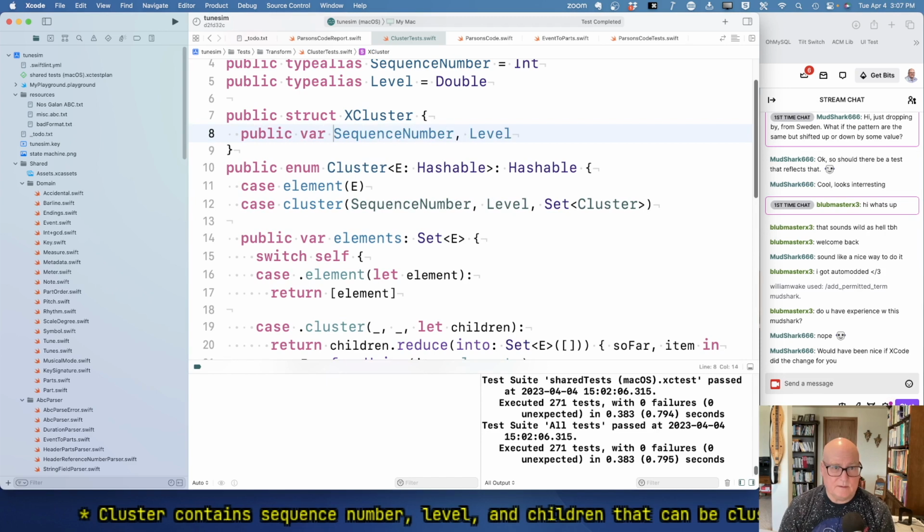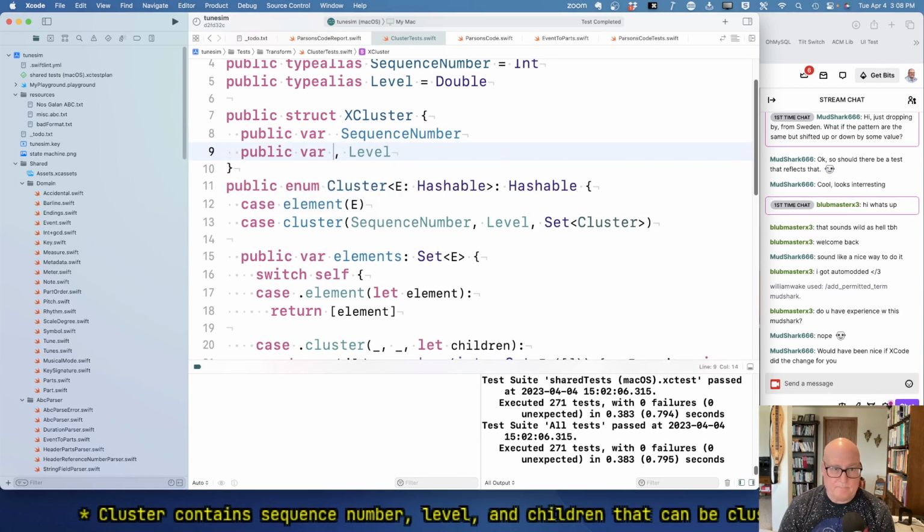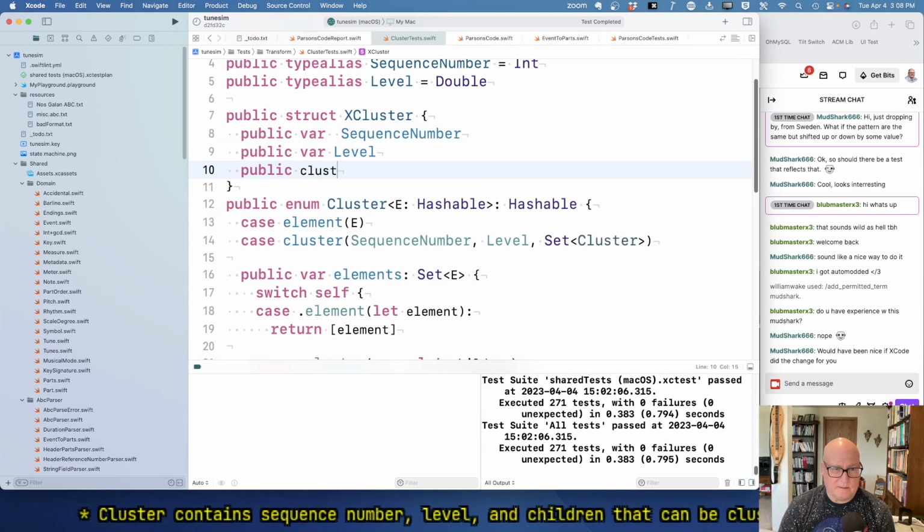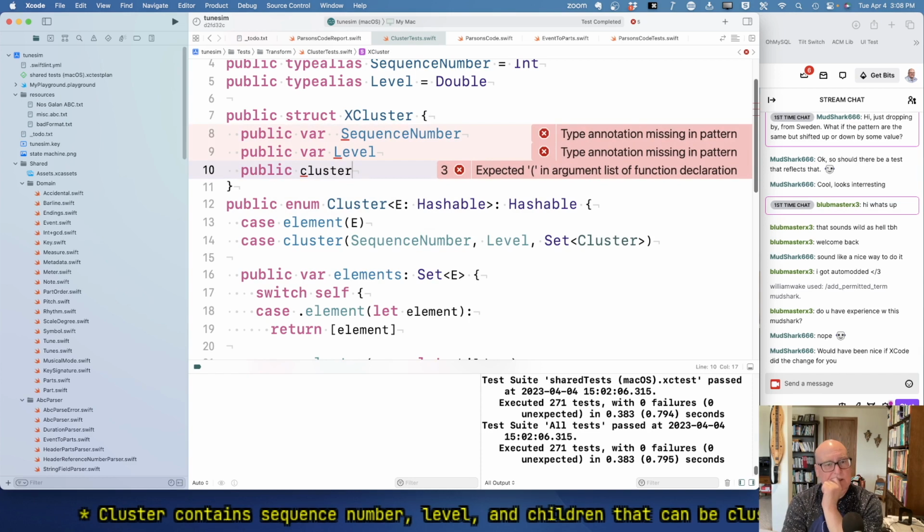Public var sequence number level. And then I would have to use cluster public cluster. Maybe I wouldn't need it.